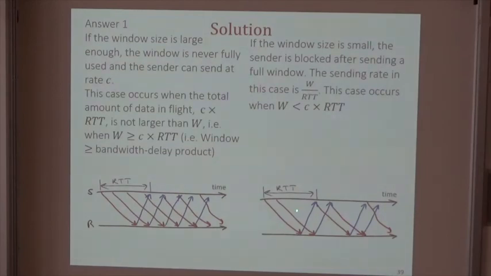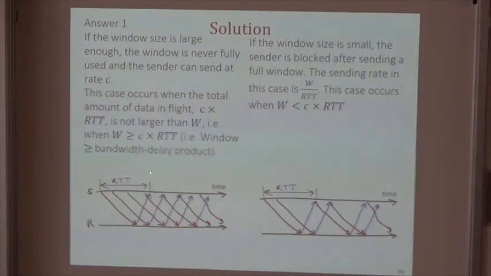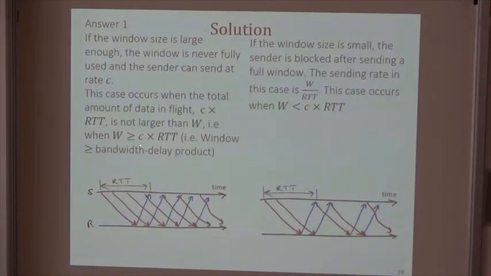We see that if the window is too small, we will be a bit like the stop-and-go protocol. When the window is too small, we waste some time waiting for acknowledgements to come. If the window is large enough, then we have a pipeline and we can continuously transmit. And if you do the math using this reasoning, you see that the window size that you need is the bandwidth delay product, in fact. So we come back to our very first considerations of the first module.